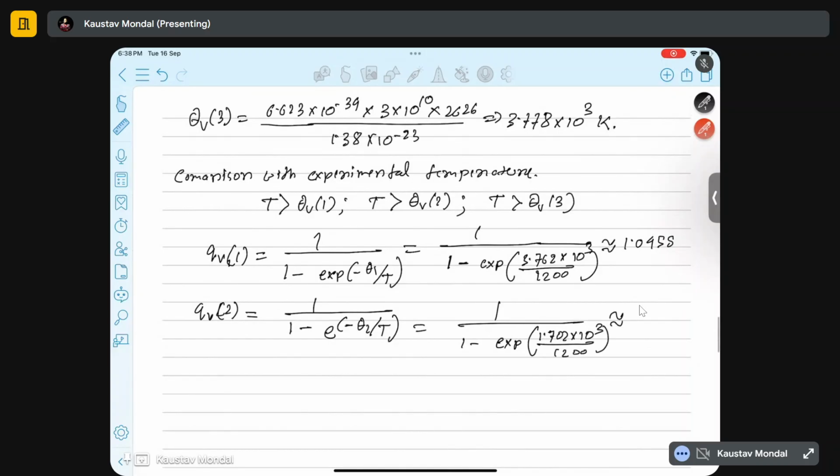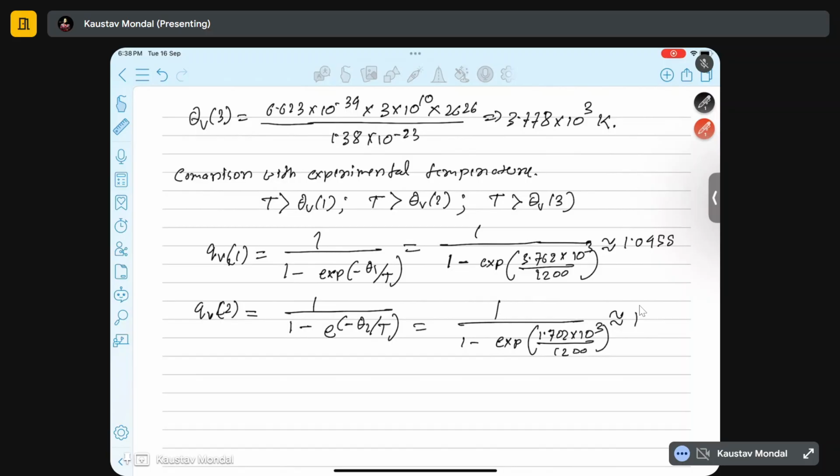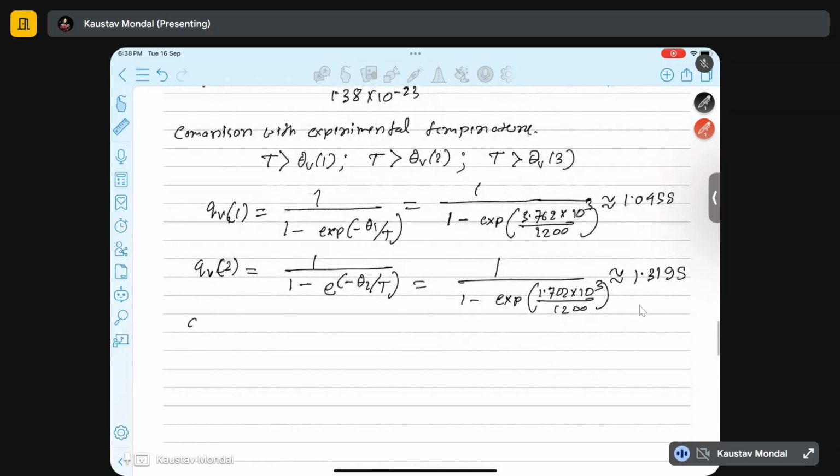This gives approximately 1.3195. Now the last is QV3.